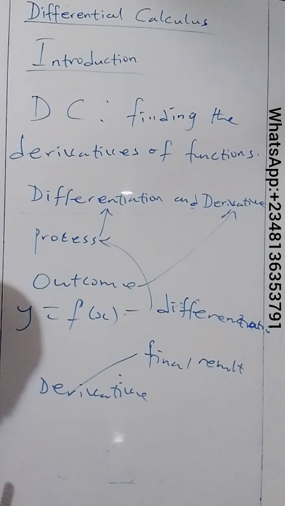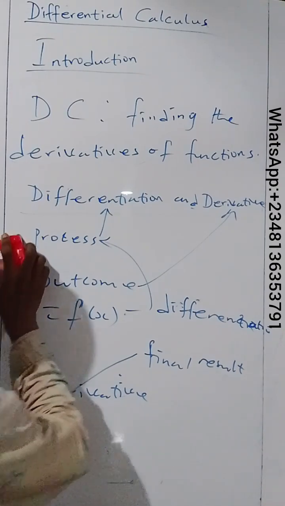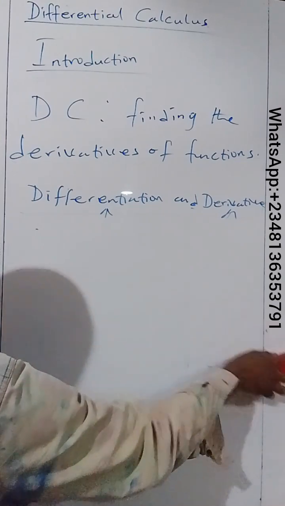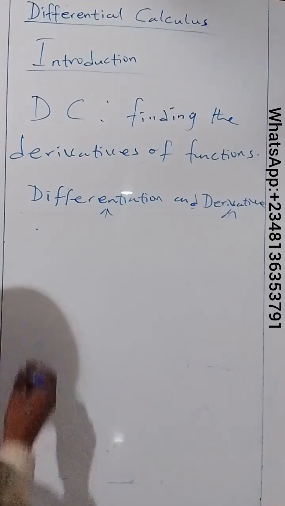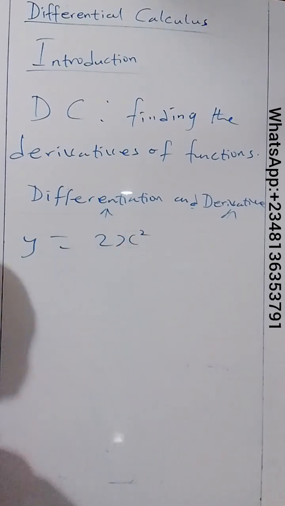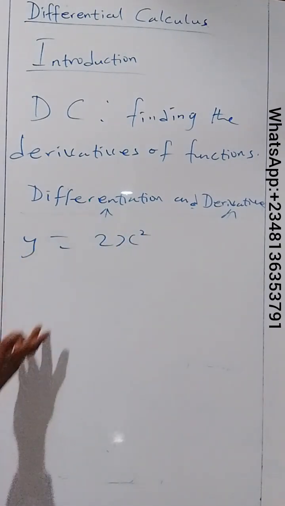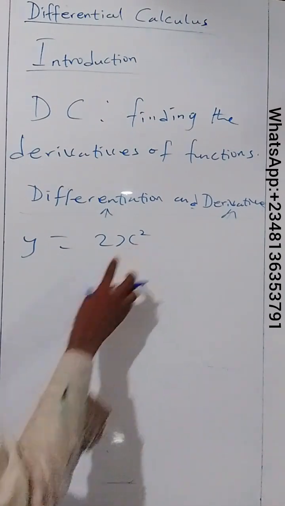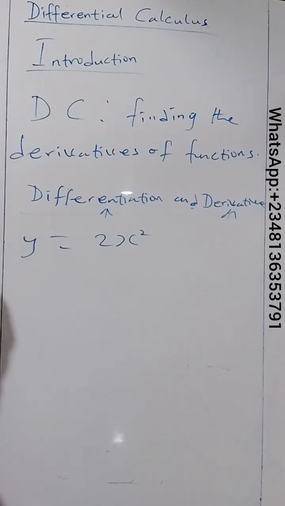So let me also use another example so that you get it clear. Let me use figures and variables now. Let's say we have y equals 2x squared, and we are asked to find the derivative of this. Here we are going to apply the power function rule.